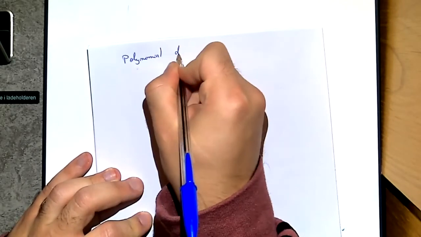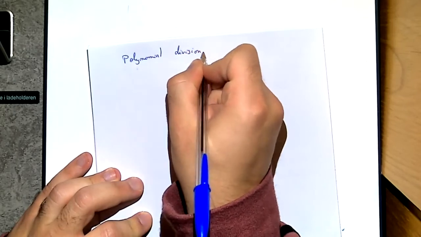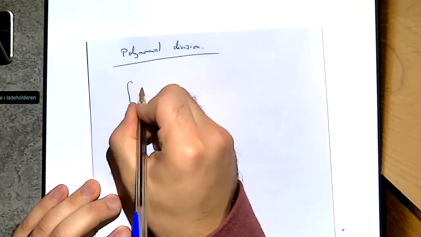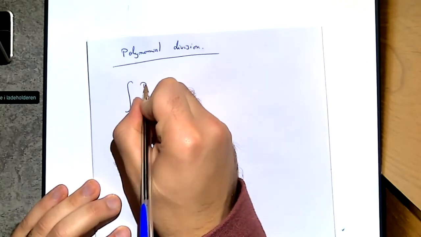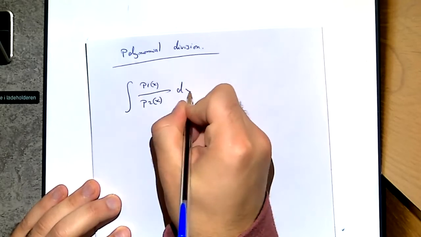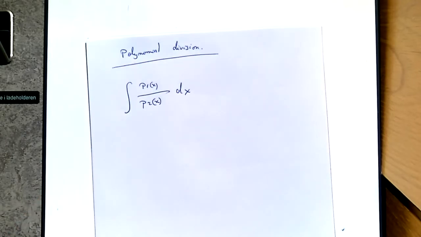Polynomial division, an ugly term for something that's not as ugly as you might think. What's the idea of this? You have to compute the integral of a polynomial of x over another polynomial of x dx. What does a polynomial mean? It just means it has x to some powers there. Let's take an example.